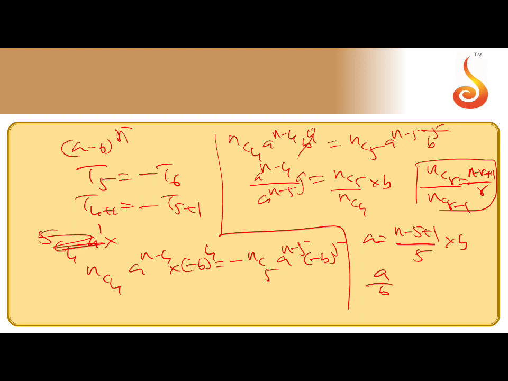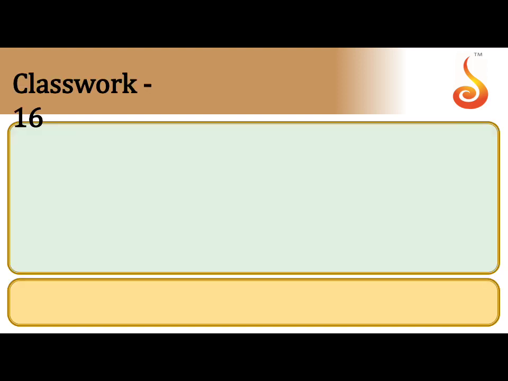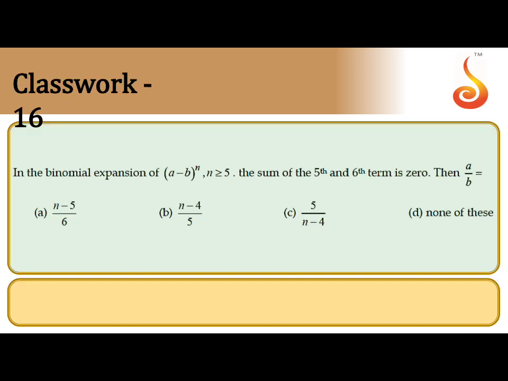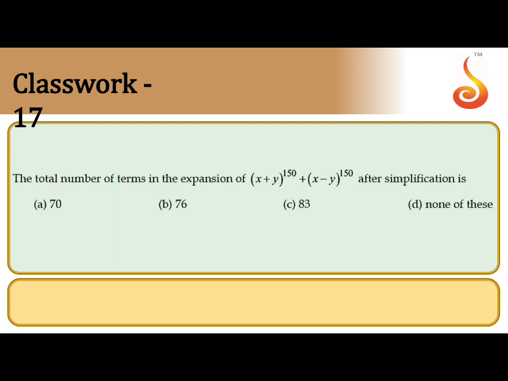So therefore a/b = (n - 4)/5 is the answer. Understand here? On the left, n - 4 minus n + 5 gives a^1, and on the right side apply the formula. So T5 = -T6, solve the question. The answer is (n - 4)/5. So option B is correct.